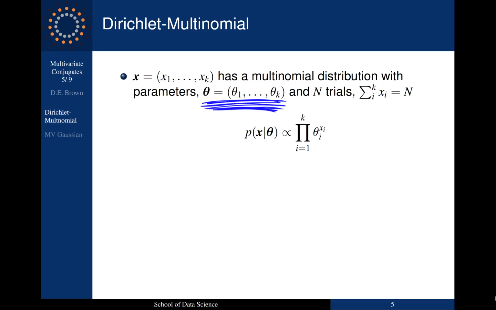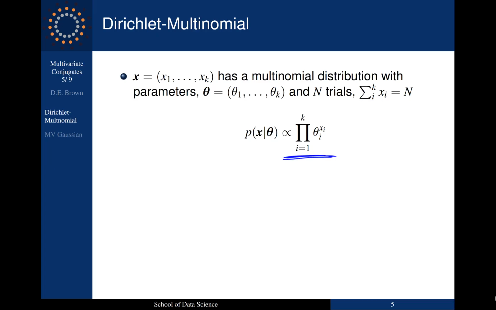So theta 1 would be the probability that an applicant is denied, theta 2, the probability the applicant is waitlisted, and theta 3, the probability the applicant is admitted. The sum of all of these x's, if you think about our example, the number denied, waitlisted, and admitted has to equal the total number of observations that we have.